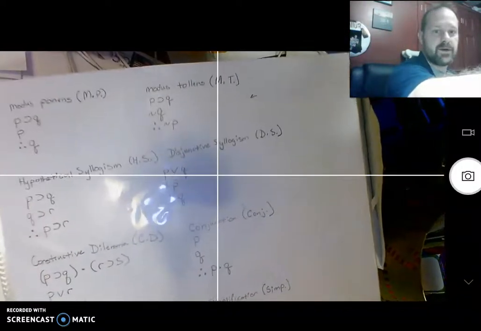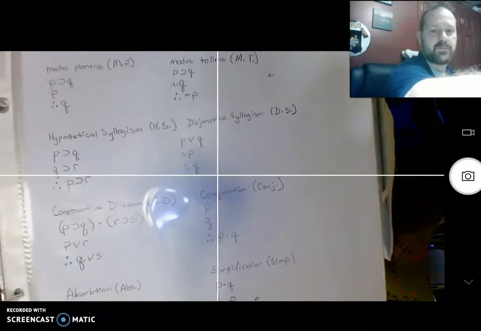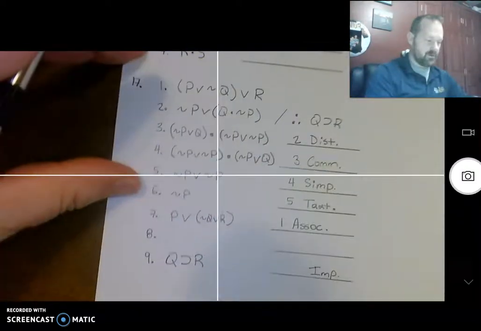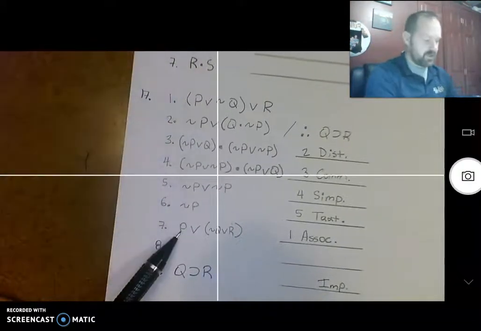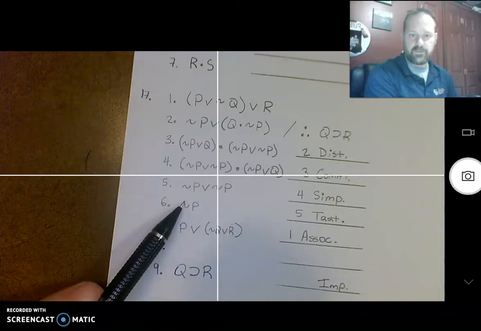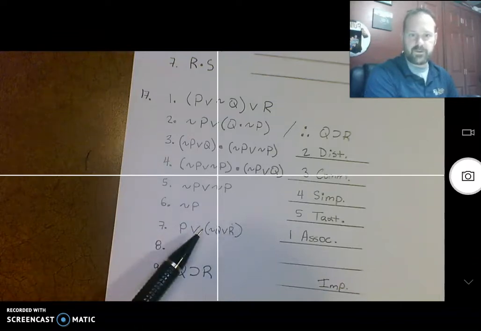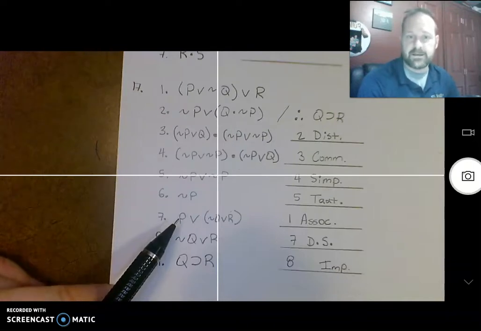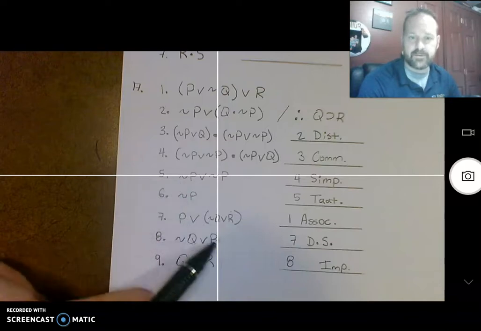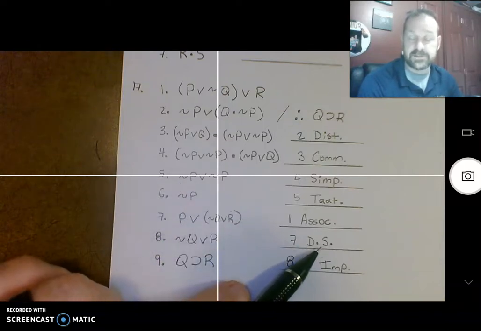If I go back to my rules of inference and look at not P right there: P or Q, not P, therefore Q. And that was disjunctive syllogism.